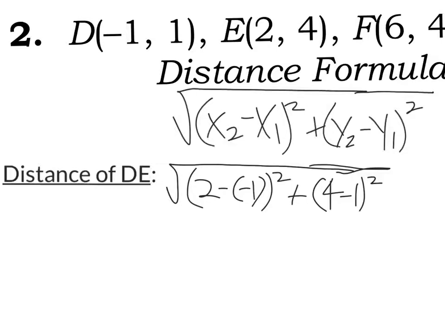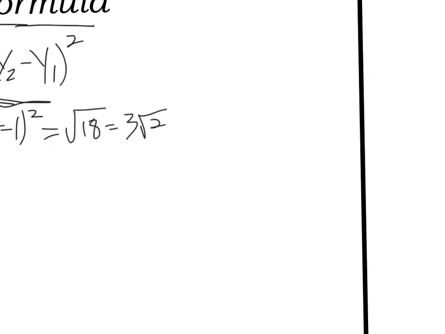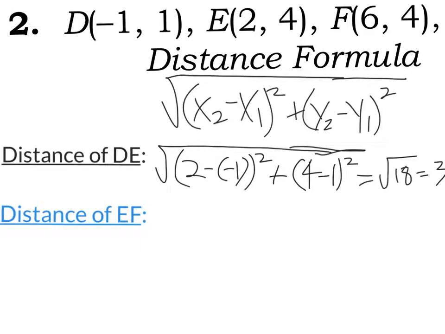That's usually what I ask my students for. If you're looking to simplify the radical, this makes 3 squared, this makes 3 squared, so that's 9 plus 9, that's square root of 18, which would simplify to 3 square root 2. But if you were to round that answer, you're going to get approximately 4.243.